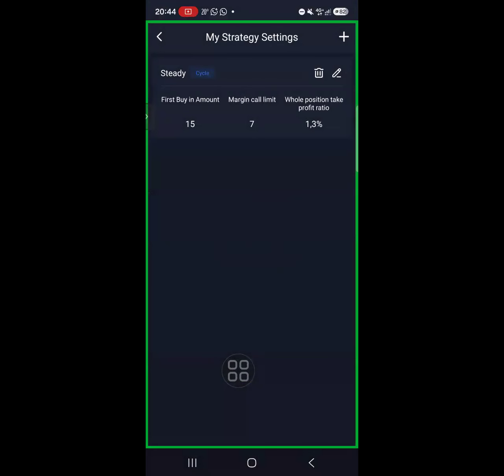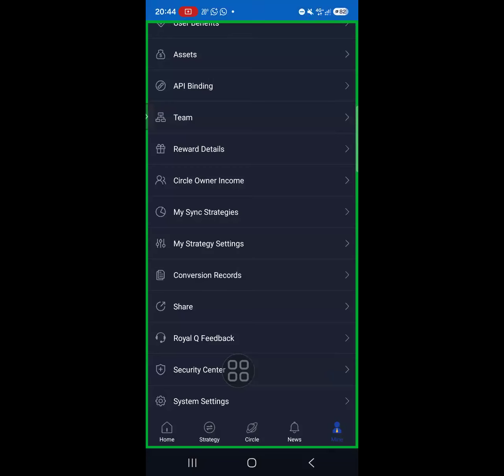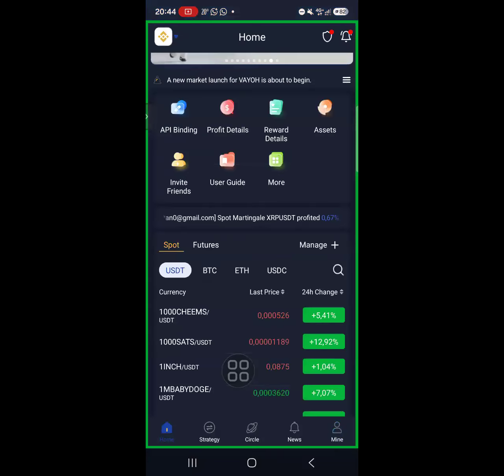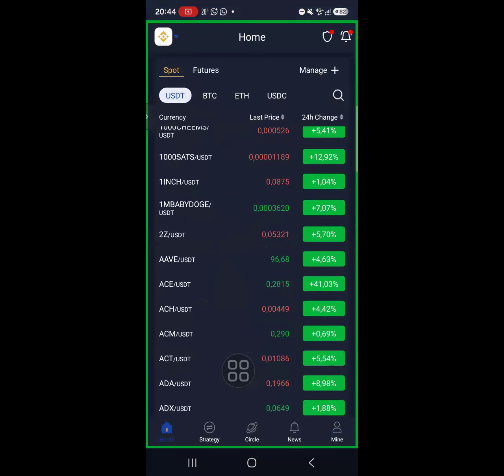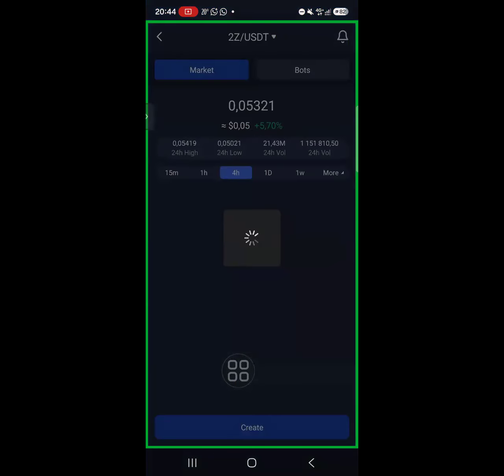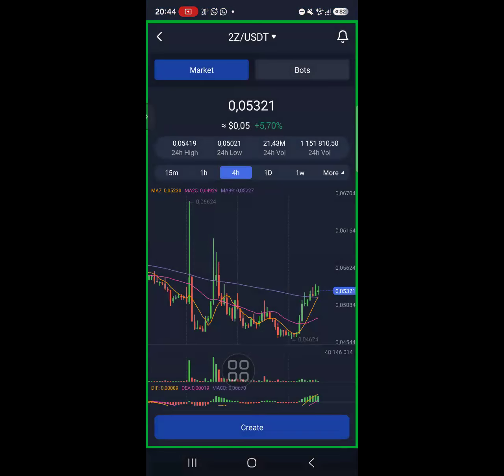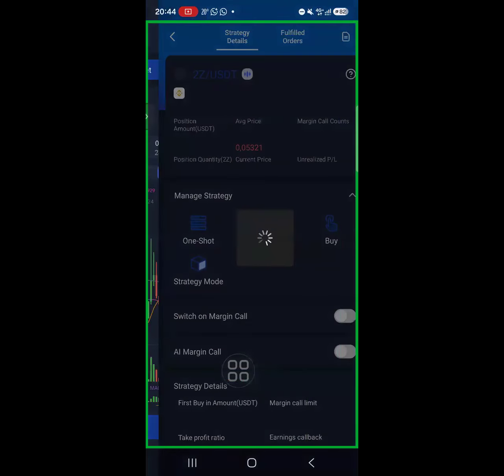We are saving this and going back to the home page. I'm going to open any coin here that I haven't traded before.